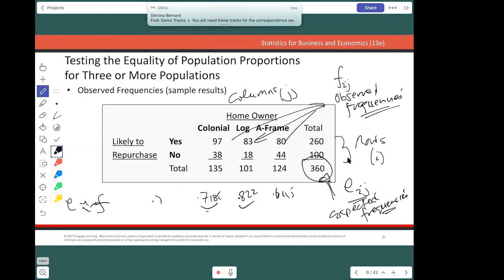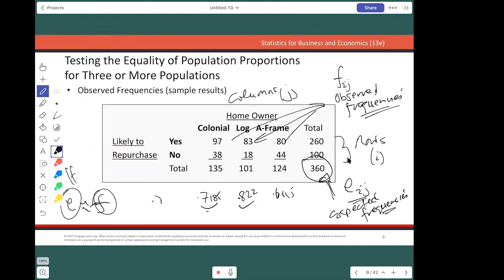Now, in a previous book, we used to use E and O, O for observed, E for expected. But this textbook uses E for expected, F for observed. So, of course, if these are the frequencies that we expect if H0 is true, and that's what we observe, if those two are very close together, then we cannot reject H0.